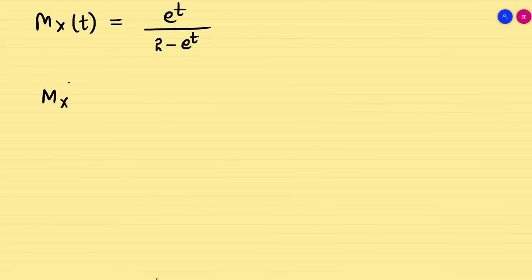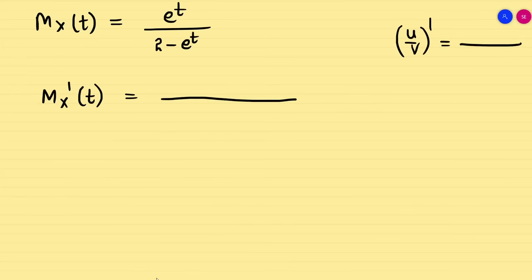Okay, so let me take this Mx of t again, e power t by 2 minus e power t, and find Mx dash of t. So we have to apply what? The u by v rule: v du minus u dv over v square.